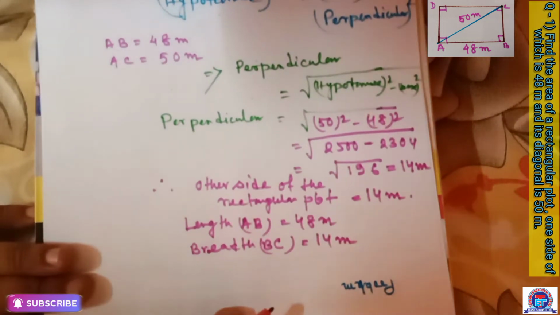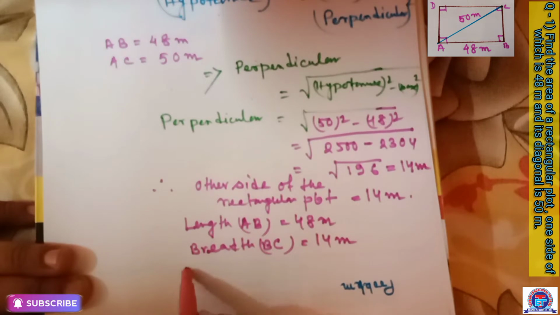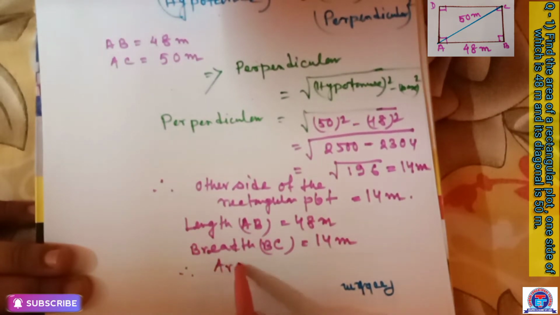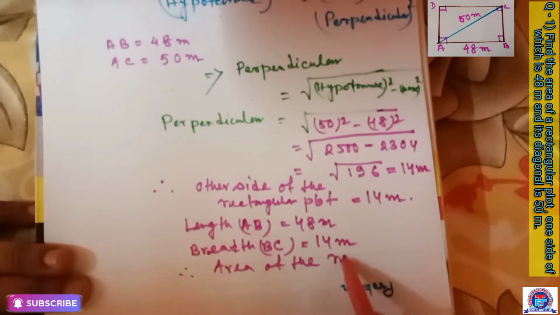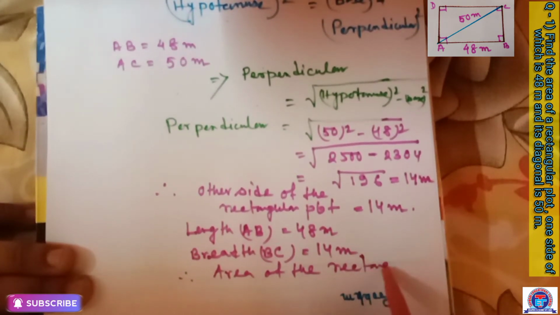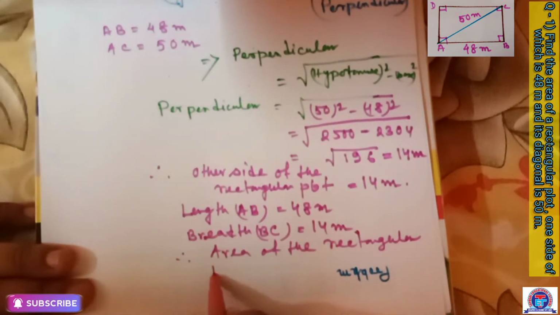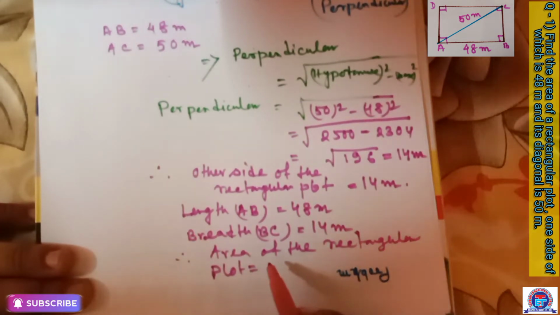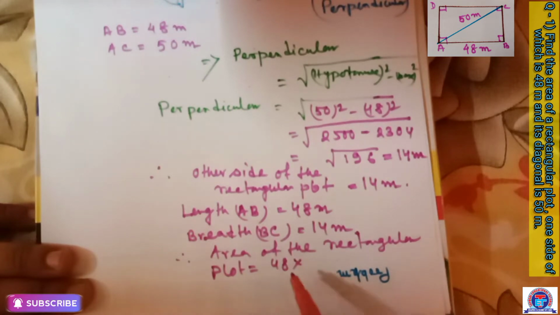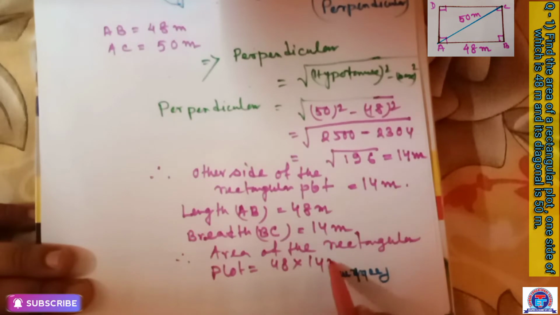So we can easily find out the area of this rectangular field. So the area of the rectangular plot is equal to 48 into 14 meter square.